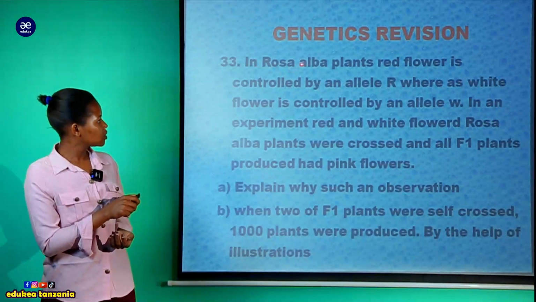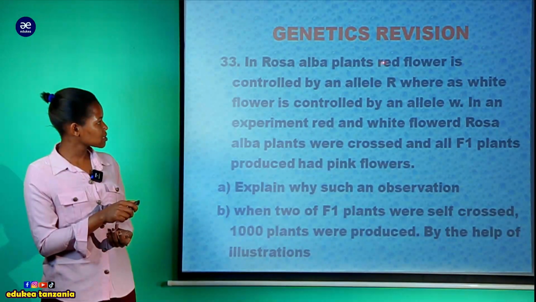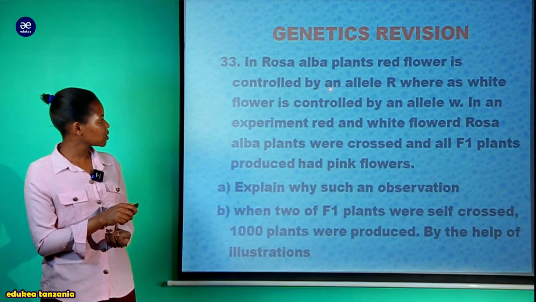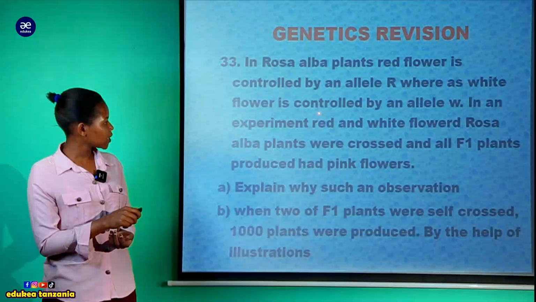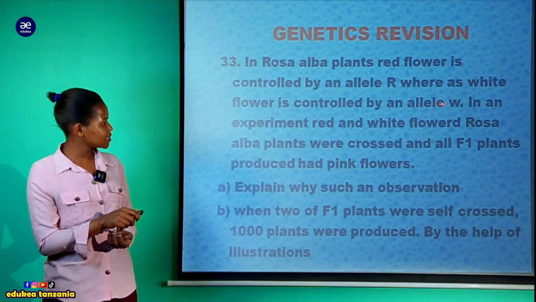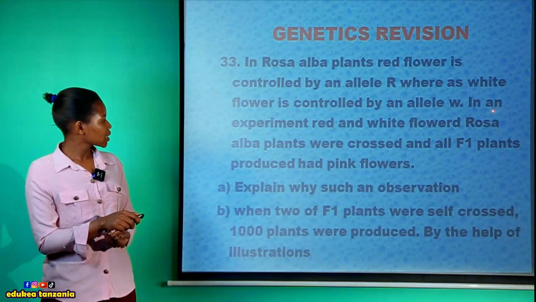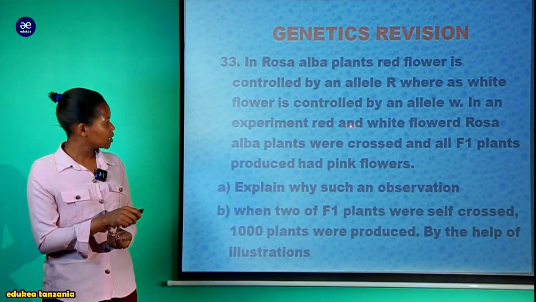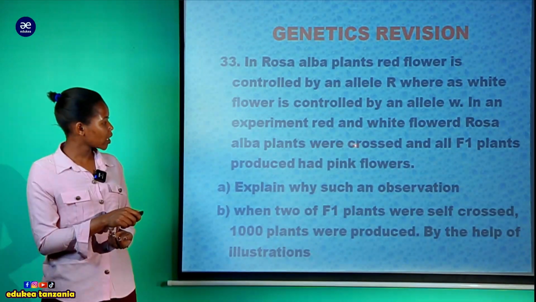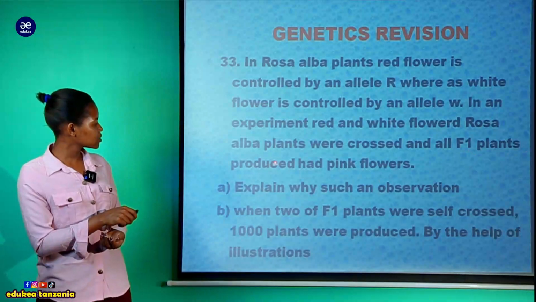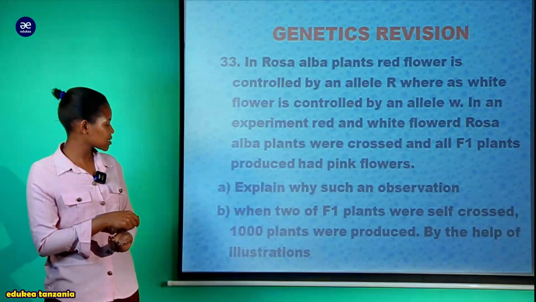We can see in Rosa alba plantis, red flower is controlled by an allele capital letter R, whereas white flower is controlled by an allele capital letter W. In an experiment, red and white flowered Rosa alba plantis were crossed and all F1 plantis produced had pink flowers.